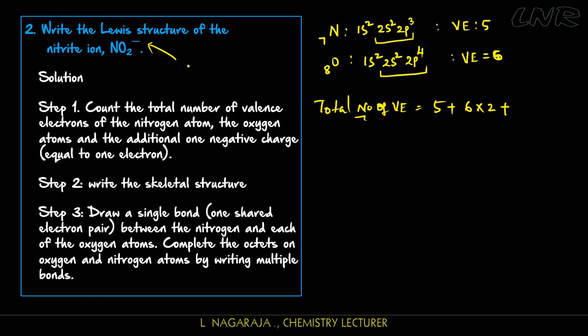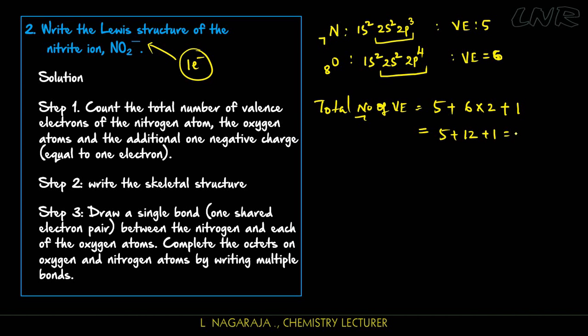That negative charge indicates the presence of an extra electron, which is to be added to the total valence electrons. That is very, very important. If there is a negative charge, that number of electrons is added to the total number of valence electrons. If it has a positive charge, that number of electrons is removed from the total valence electrons. So 5 plus 6 twos are 12, plus 1.